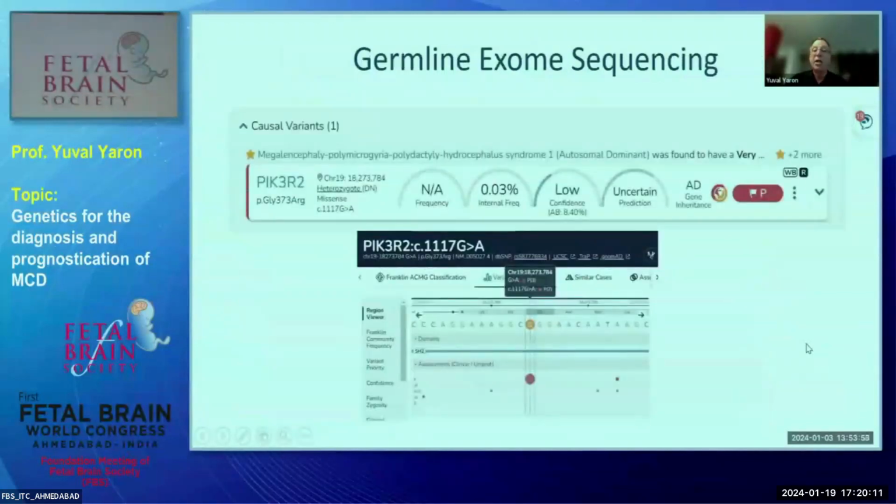First, we went ahead and did germline exome sequencing, and there was this change in the PIK3CA, which is part of the mTOR pathway. But this occurred at such a low incidence that it passed under the radar of the filters, because this could not have been detected as a cause.